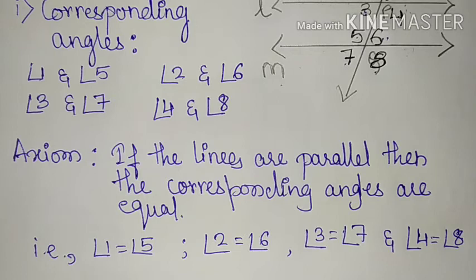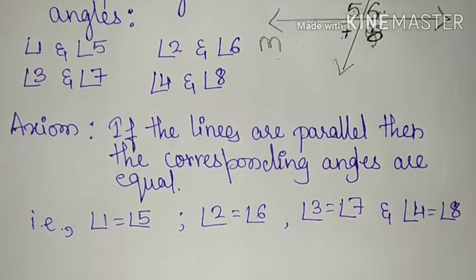Also, there is a converse or reverse of this axiom which says if the corresponding angles are equal, then the lines are parallel. That is the reverse statement, or the converse axiom, of the corresponding angles.